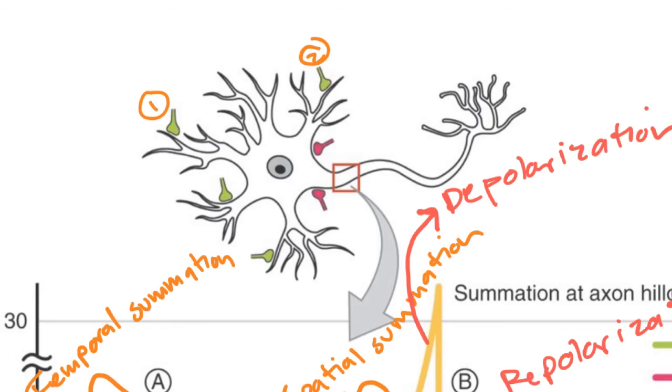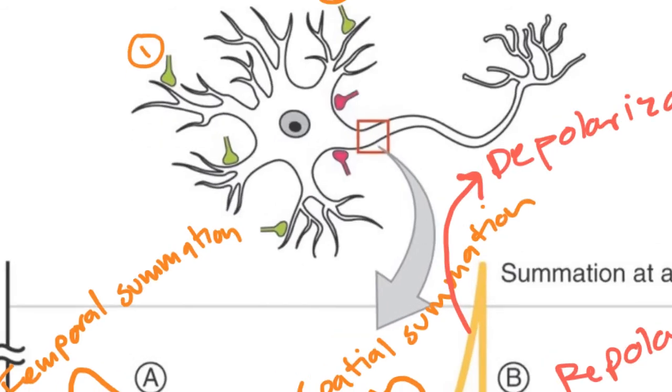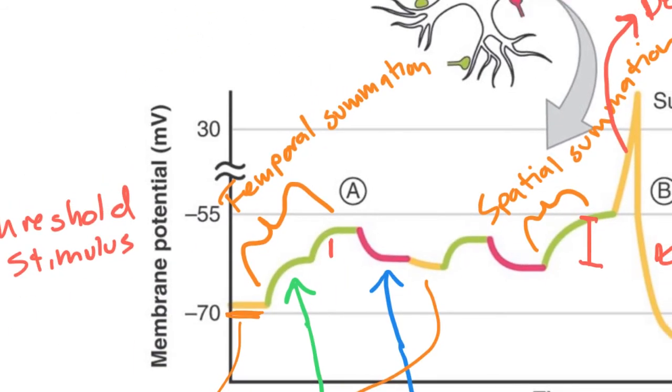If they're at the same time, occurring at different locations, at different spaces, that's spatial summation. If you have 2 occurring one right after another, that's time, that's temporal.